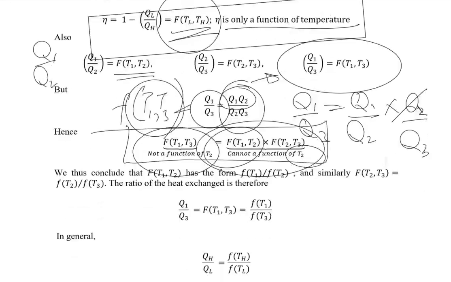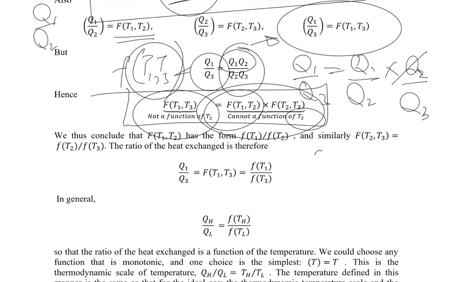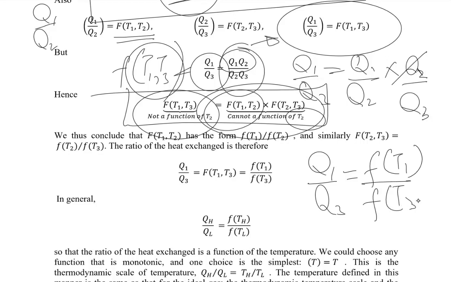So we can conclude that Q1 by Q3 can only be written as a function of T1 and T3.